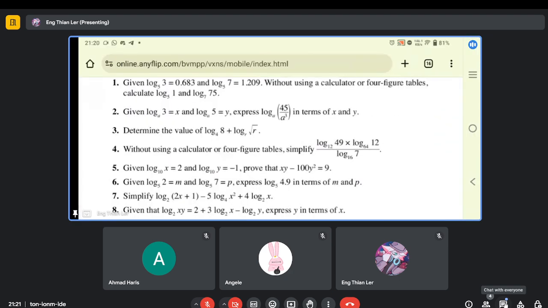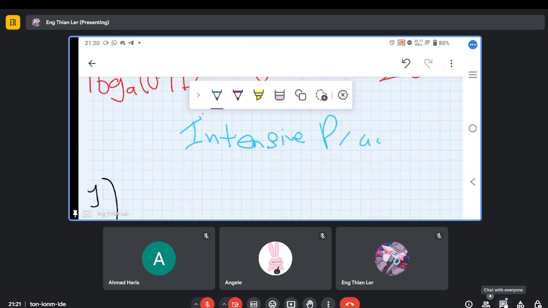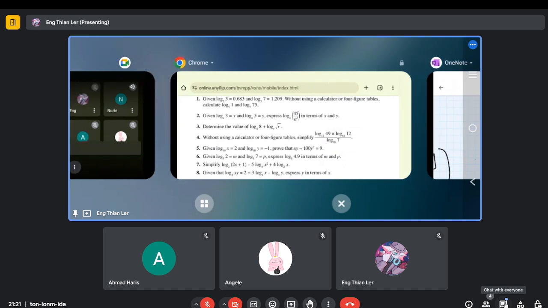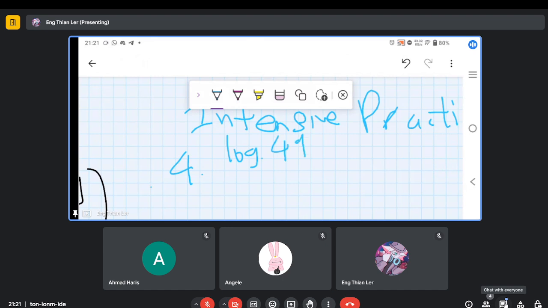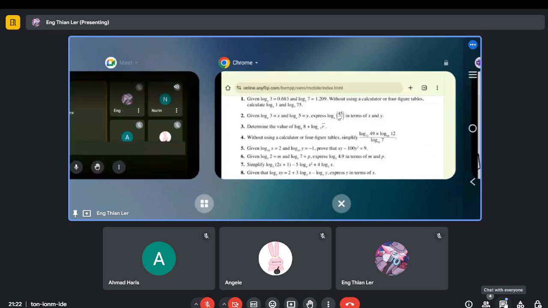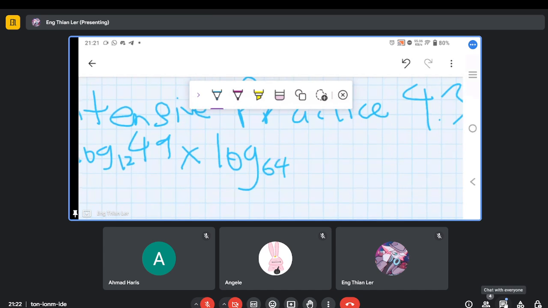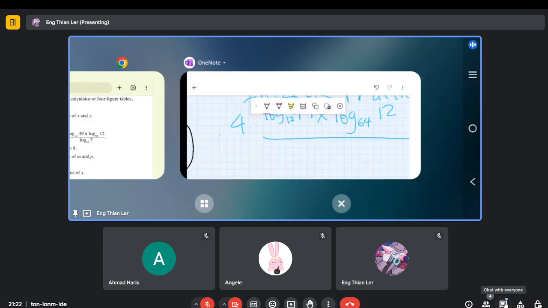This is Intensive Practice 4.3, number 4: log base 12 of 49 multiplied by log base 12 of 64, divided by log base 16 of 7.